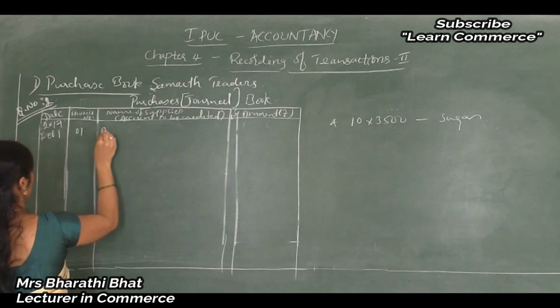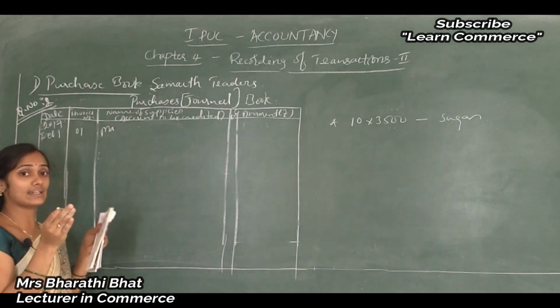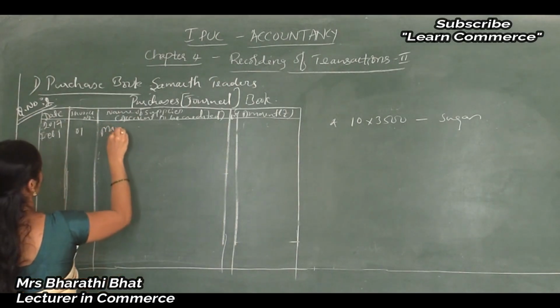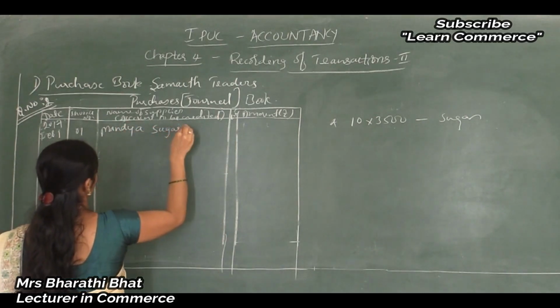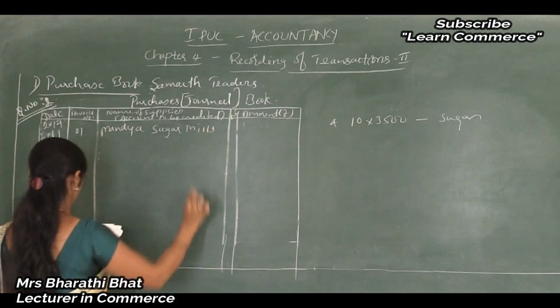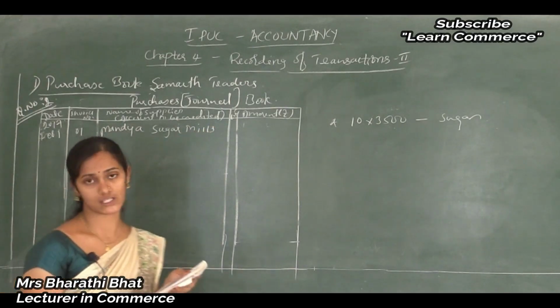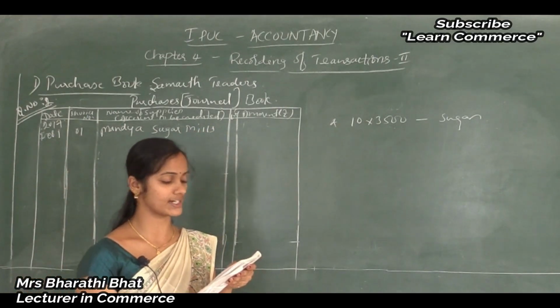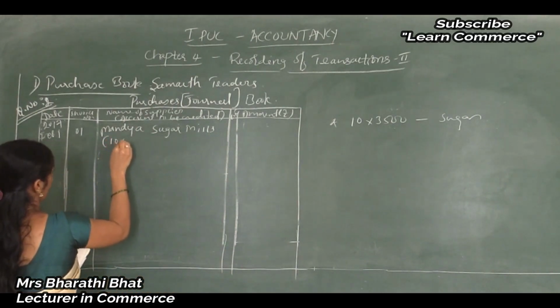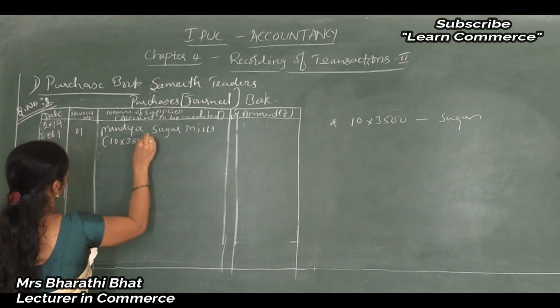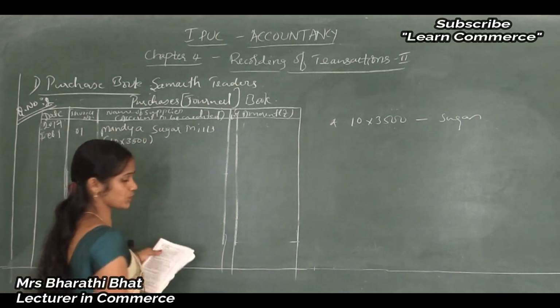So the next one, we purchased from Mandya Sugar Mills. Mandya Sugar Mills is the supplier name. What we purchased? Samarth Traders purchased sugar. So in brackets 10 into 3,500. So how much?